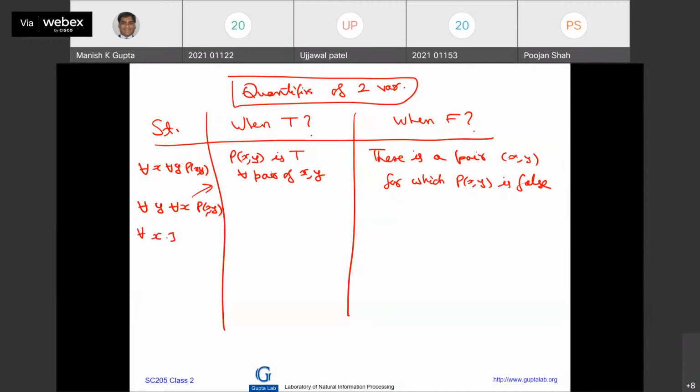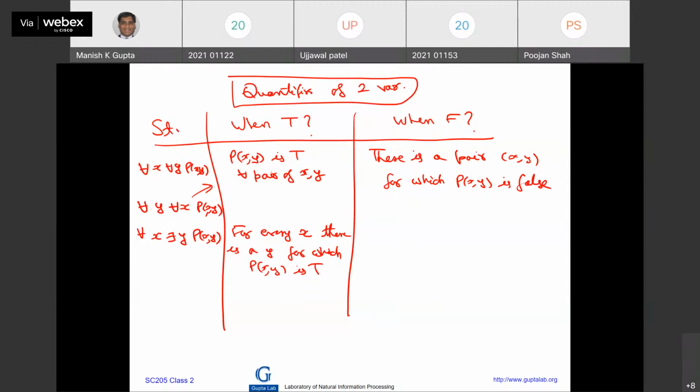For every x, there exists y such that P(x,y). That means for every x, there is a y for which P(x,y) is true.